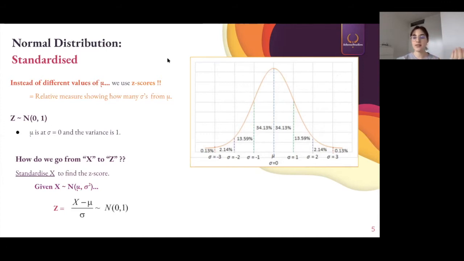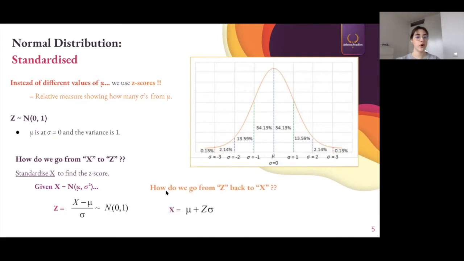So you take the x value that you're given minus mu divided by the standard deviation. And the squiggly mark in the n01, that's just continuing on this assumption that mu is at standard deviation of 0 and then the variance is 1. So that's the way we change the x into a z-score.